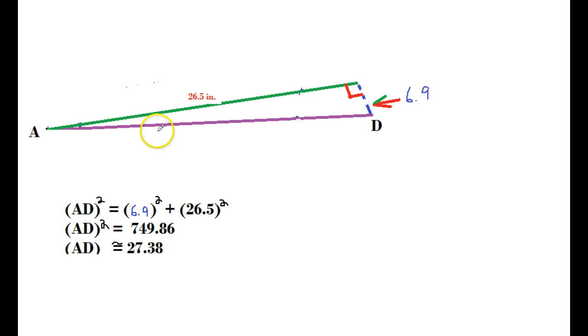So we have 6.9, 26.5, and then the hypotenuse is what we don't know, but that's the distance between the center of the two wheels, and that's what we want, and we just use the Pythagorean theorem. AD squared equals 6.9 squared plus 26.5 squared. AD squared is 749.86. AD is about 27.38 inches.